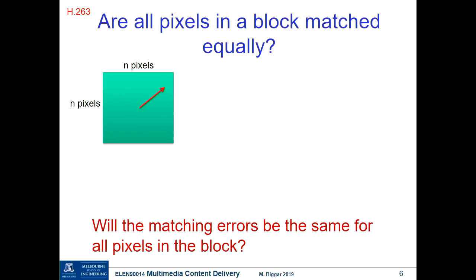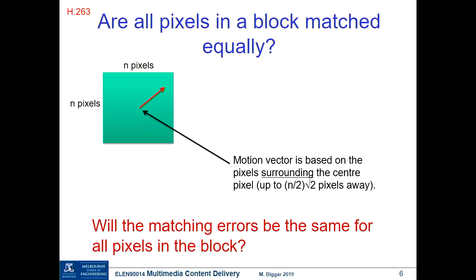is a block that's centered in a particular location, and so the vector is going to be based on the pixels surrounding this center pixel, up to n over 2 root 2 pixels away, if you like.